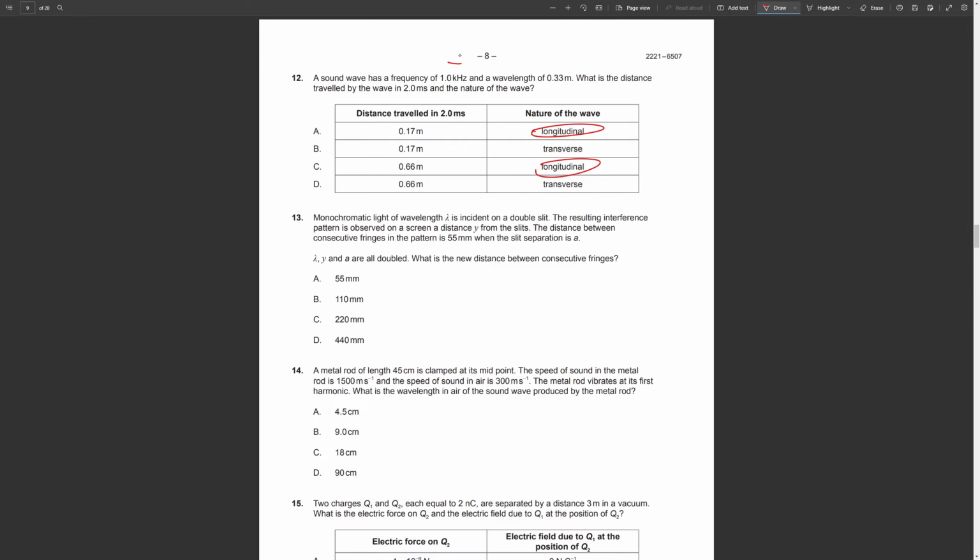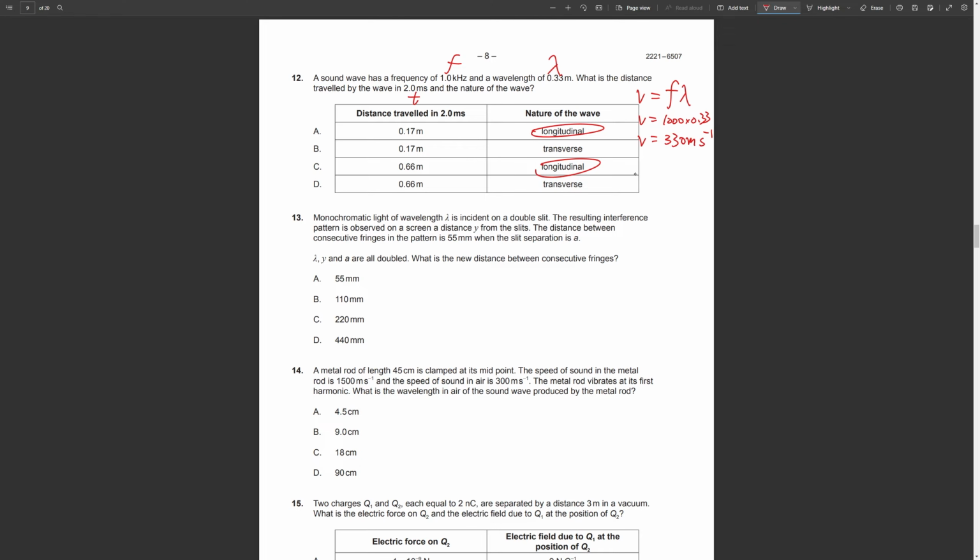Next, you're given its frequency and the wavelength, and it travels for a certain time. Then you look for the distance traveled. Speed of a wave is the product of frequency and its wavelength, lambda. Therefore, the speed should be 1000 times 0.33. It is roughly 330 meters per second.